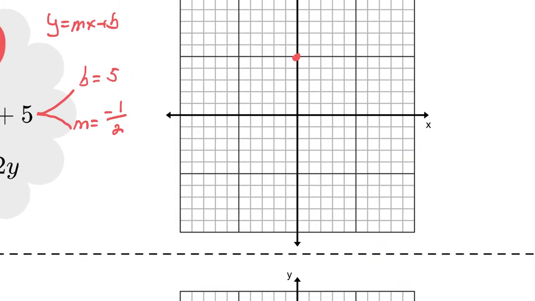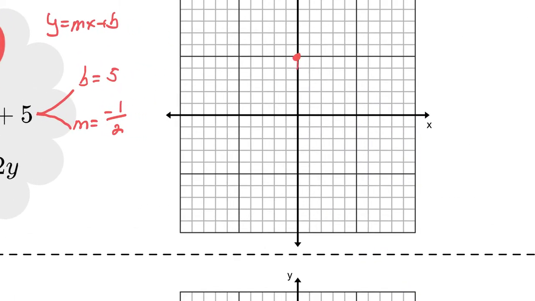Slope is down 1 over 2, so down 1 to the right 2. I give myself a series of guide coordinates so I can draw a nice straight line. And there they are. And here is the first line of my equation.